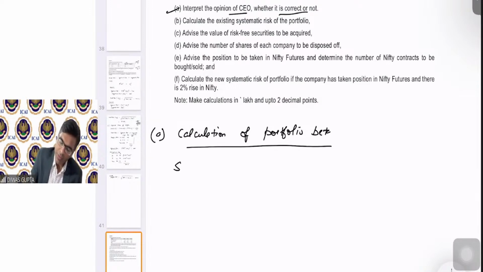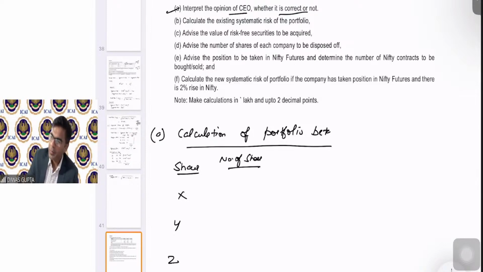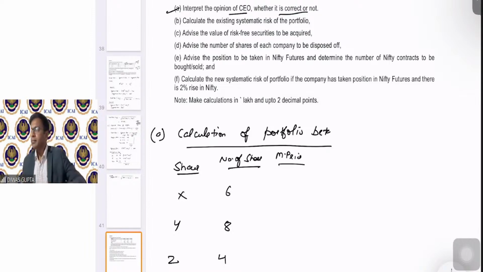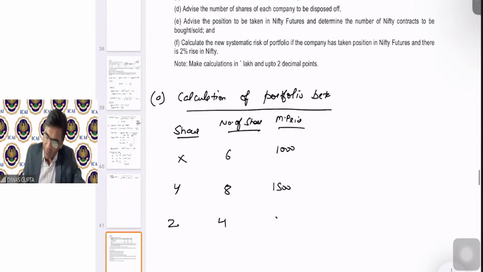So we will put shares of the company X, Y, and Z. Number of shares were how much? 6 lakhs, 8 lakhs, and 4 lakhs. Market price is how much? 1000, 1500, and 500. These are the market price per share.